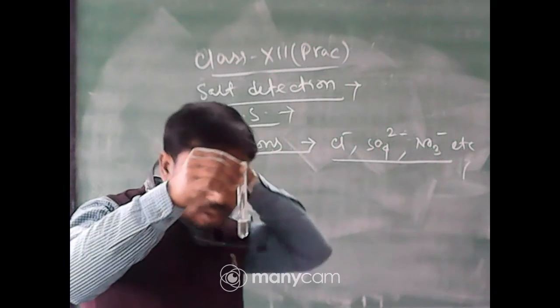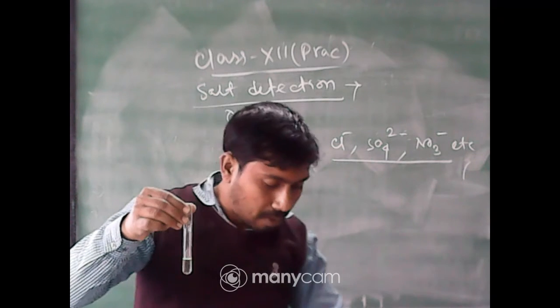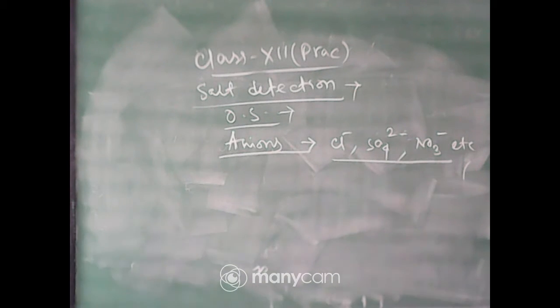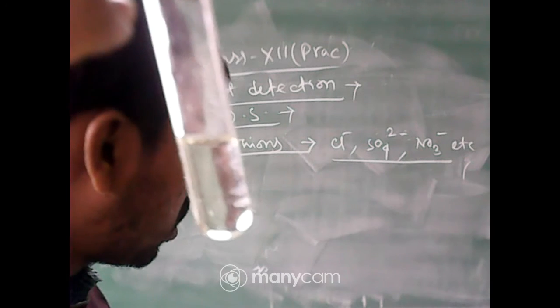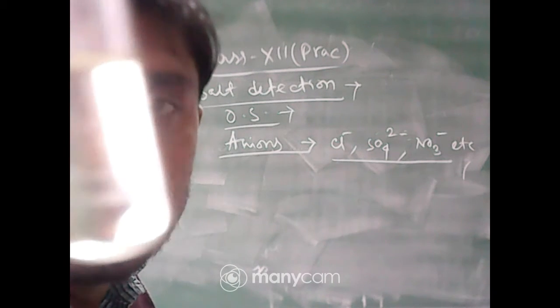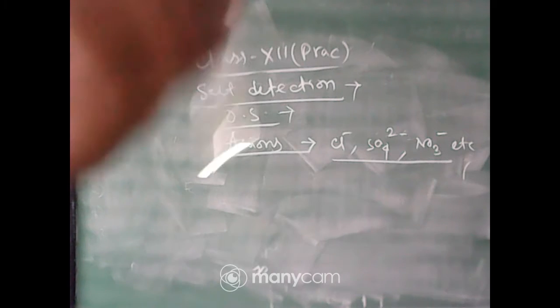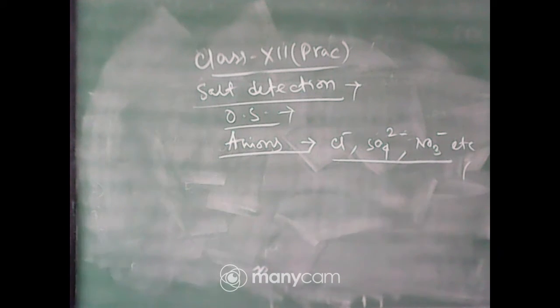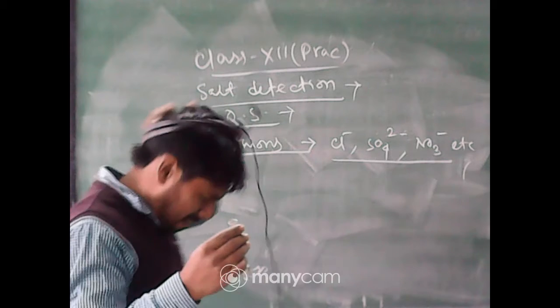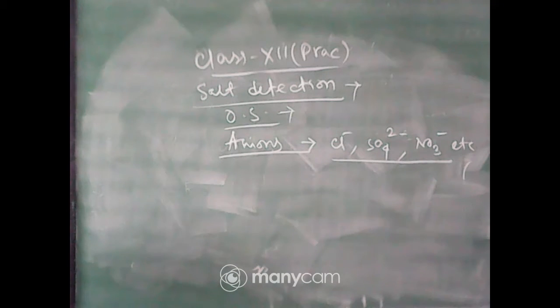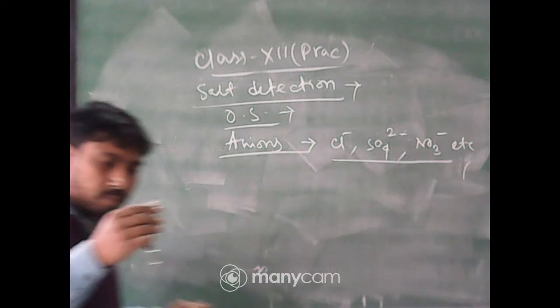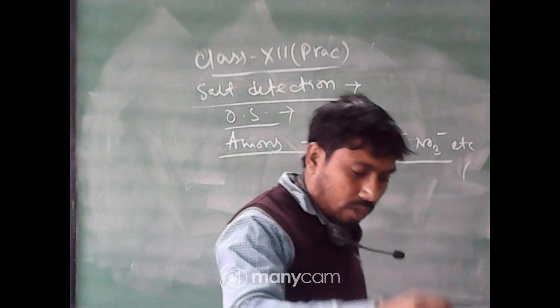I will show you the brownish color. From here it is looking transparent, a very faint brownish color. So we have to wait till the experiments are over. Okay, so I am keeping it here.